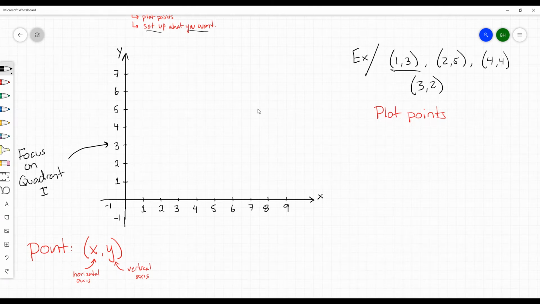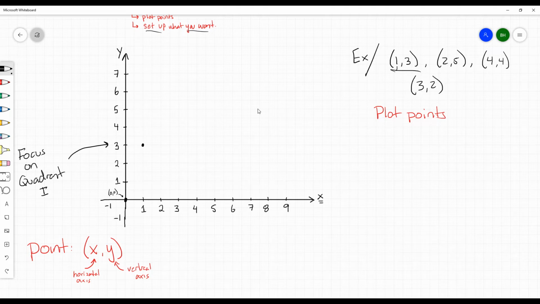So for the first point here, we have the value (1, 3), which means starting at the origin, which is (0, 0), we are going to go to the right 1 space along the x-axis, and then we're going to proceed to go vertically 3 spaces. 1, 2, 3, and we'll end up plotting a point right here.